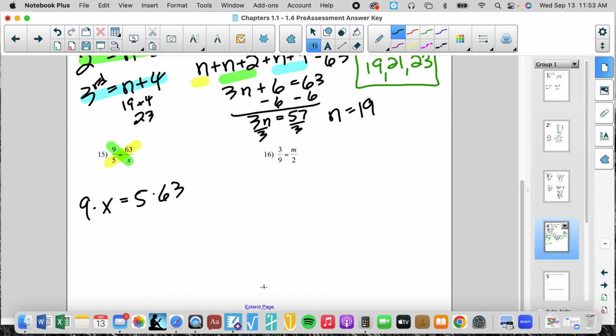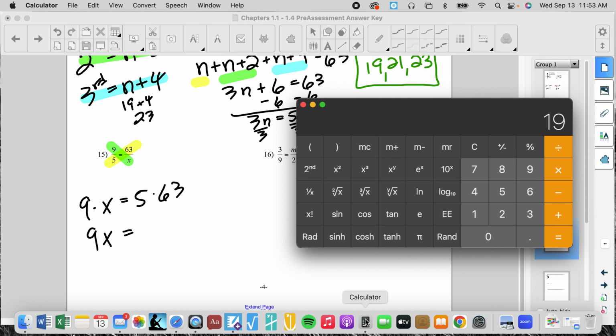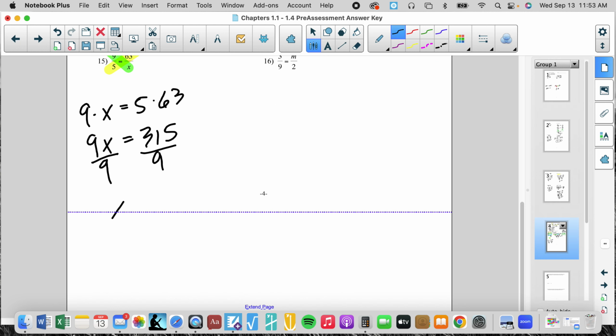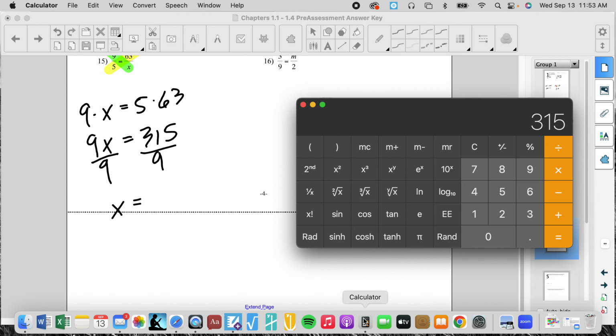The cross products will also be equal. 9x equals 5 times 63. 5 times 63 gives me 315. I know that 9 goes into 315 because 3 plus 1 plus 5 gives me 9. So I know it's divisible. We're going to take 315 and divide it by 9, which equals 35.